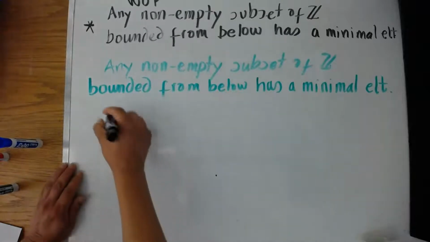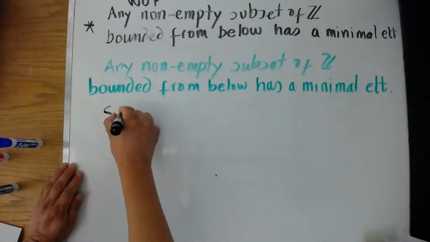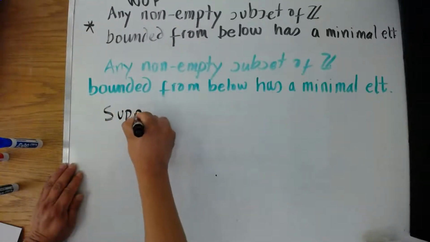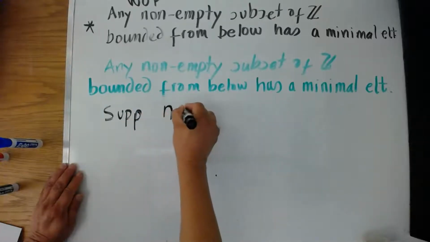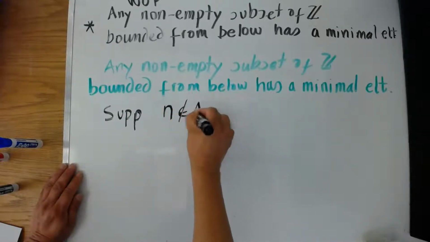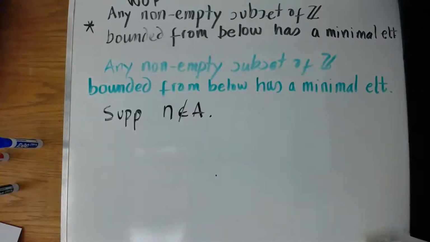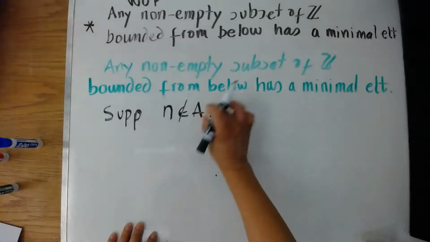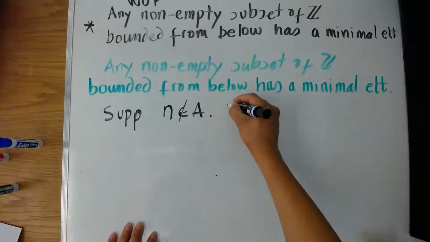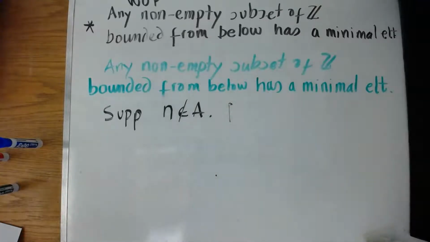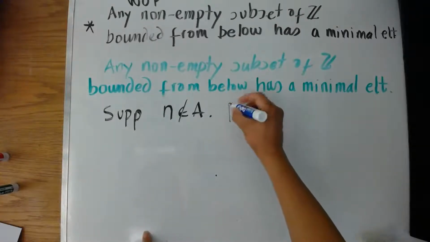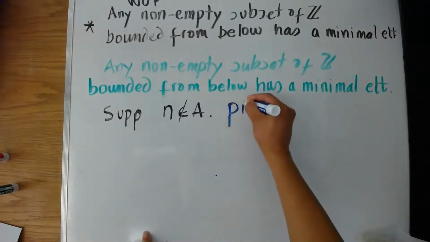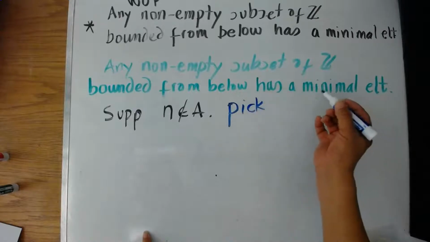So suppose n does not belong to A. Now, here is the arrangement. Let's pick an element from A. So pick, let me use a different marker because this one is running thin. So pick, let's give it a name.